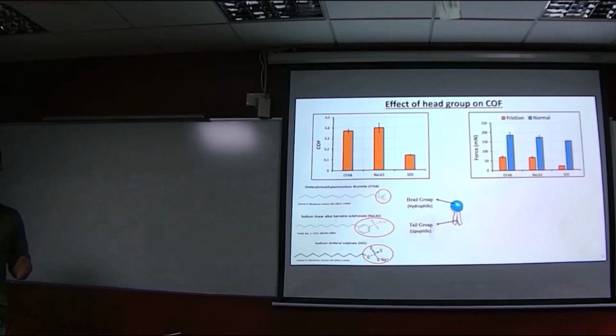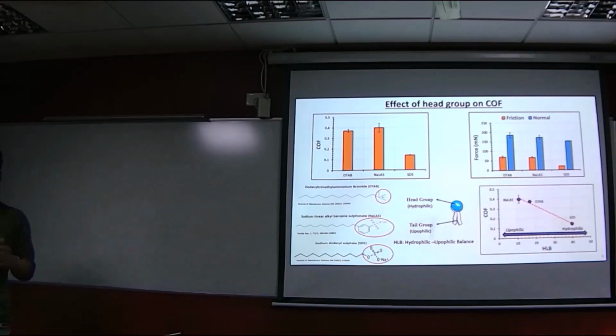Since we know it's an amphiphilic molecule, there's a parameter called the HLB parameter, or the hydrophilic lipophilic balance, which quantifies the size and the strength of the hydrophobic to hydrophilic interactions within the same molecule. If we plot the coefficient of friction values that we have obtained for these surfactant solutions against the hydrophilic lipophilic balance, we do get a correlation.